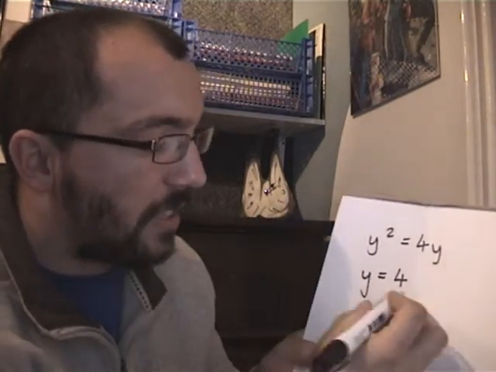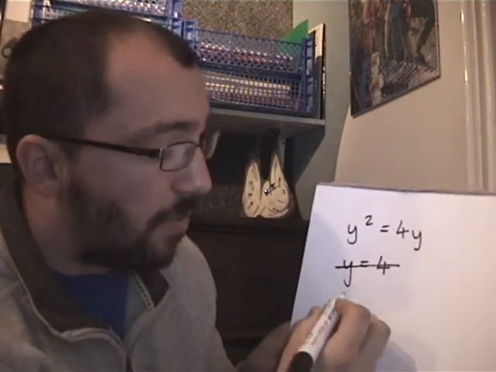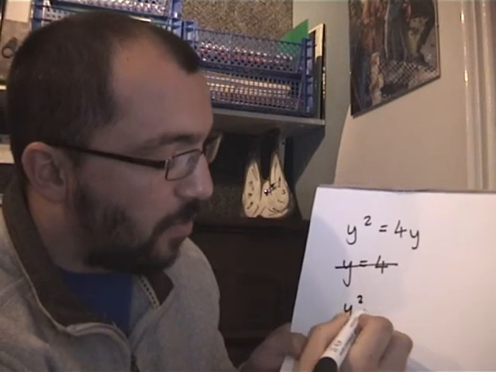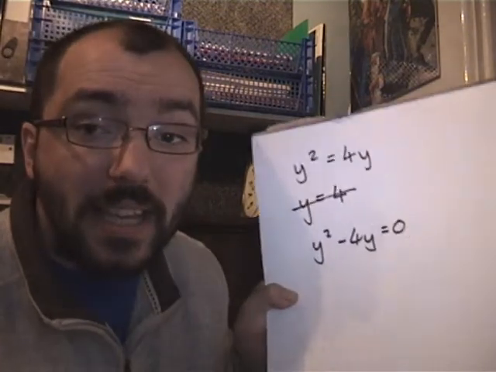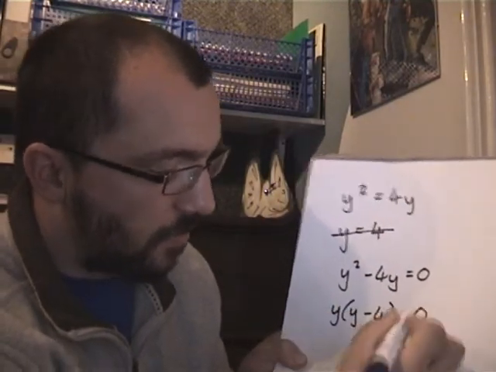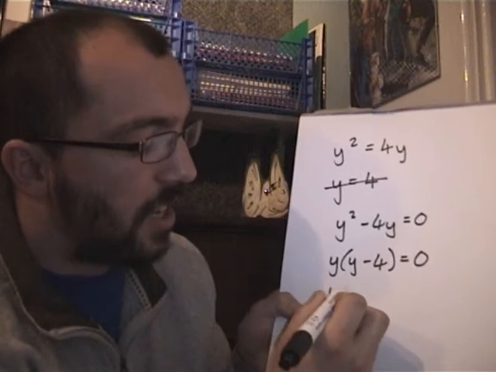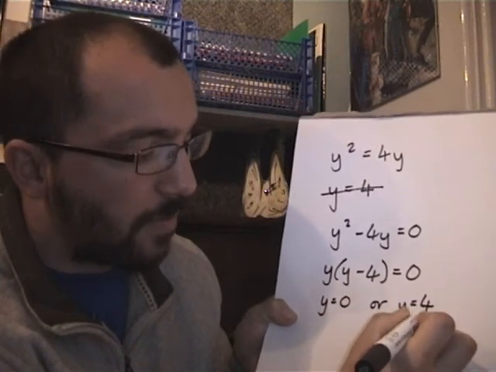So to tackle this, what I'm going to do instead is solve it by treating it more like a typical quadratic, making it equal to 0, and then factorising. And now we can see our 2 solutions, y equals 0 or y equals 4.